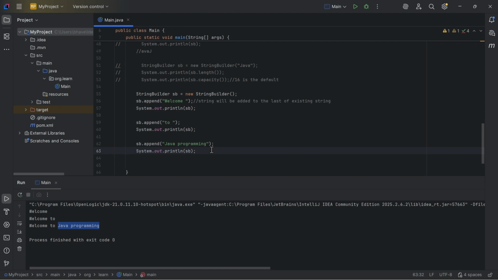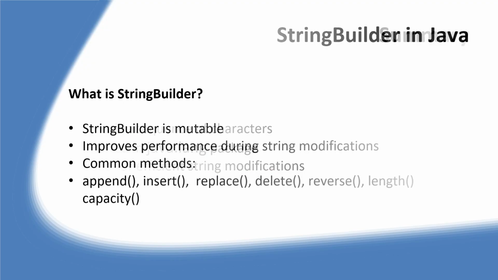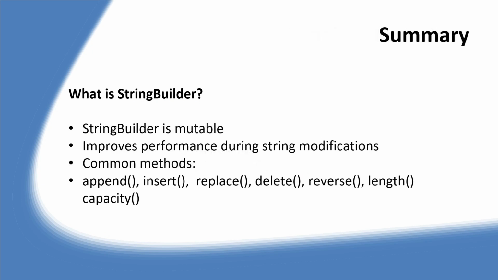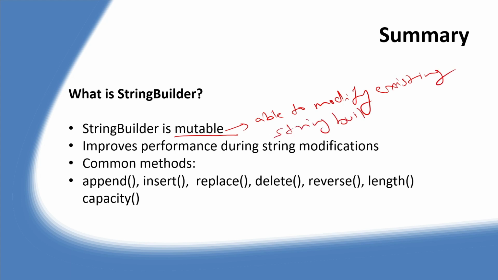Okay, so let's quickly summarize what we have learned so far. StringBuilder is mutable. Just now we have seen mutable. Why are we saying mutable? Because we are able to modify the existing string builder object.